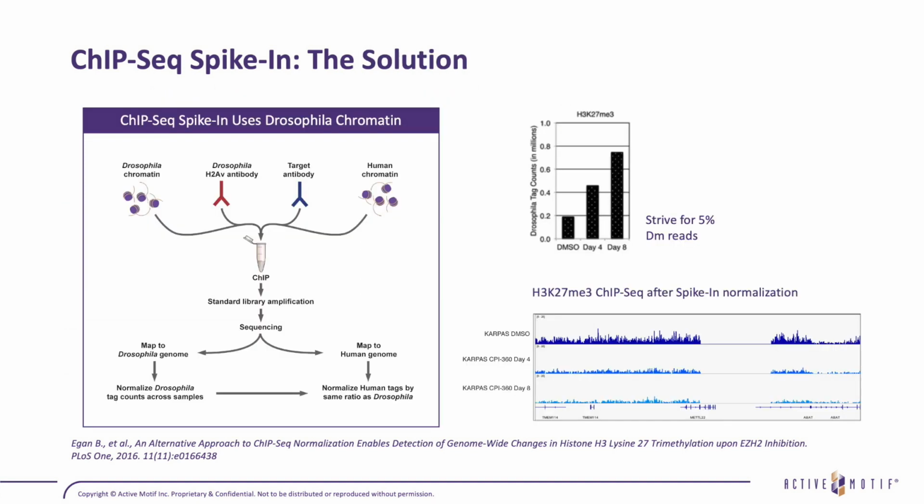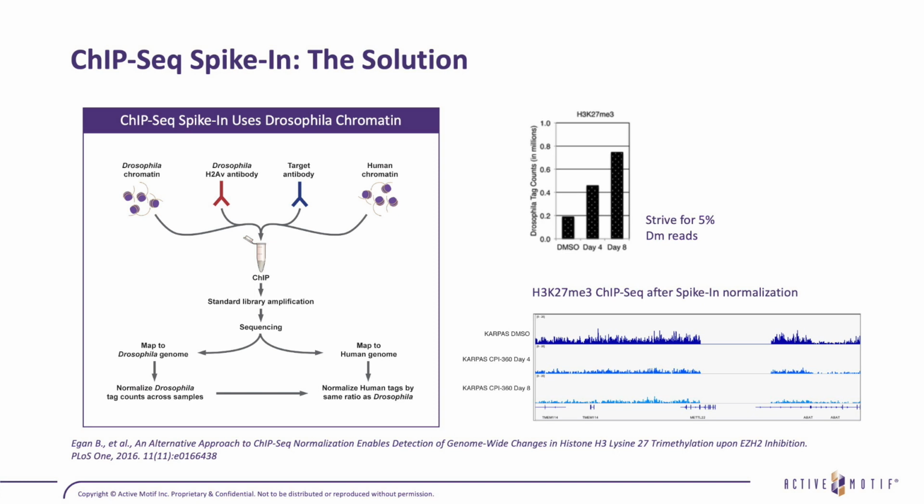So based on these unexpected results, we started working on a spike-in method as a possible solution. And the method we came up with is in a schematic here. You use your test chromatin, in this case human chromatin, along with an antibody against your target of interest, in this case H3 K27 trimethylation.